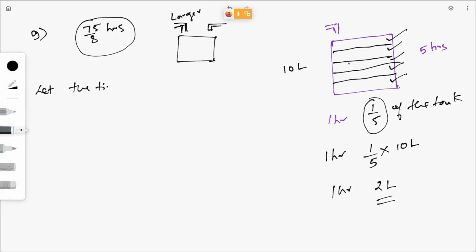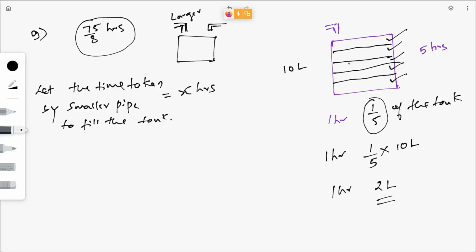Let the time taken by the smaller pipe to fill the tank be x hours, right?